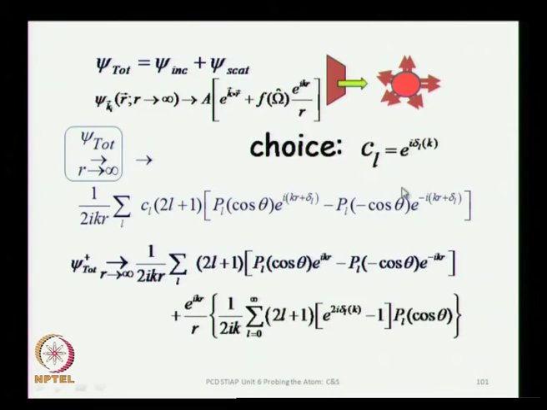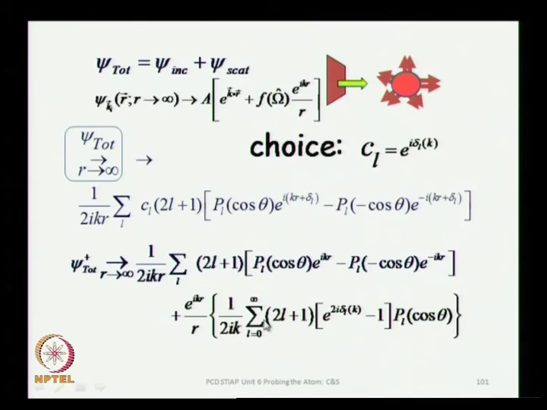Now what you would do is choose C L to be e to the i delta L. If you choose C L to be e to the i delta L, then what do you get? You get the total wave function, and do not forget the scattered part, okay.